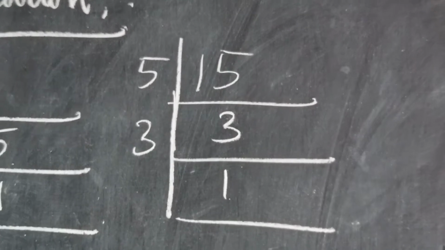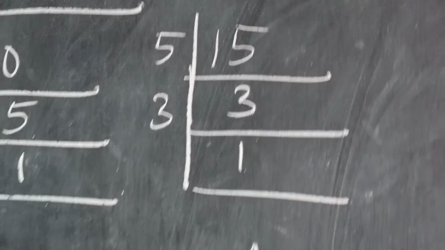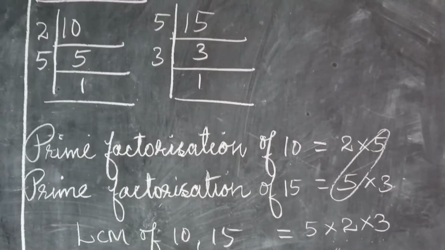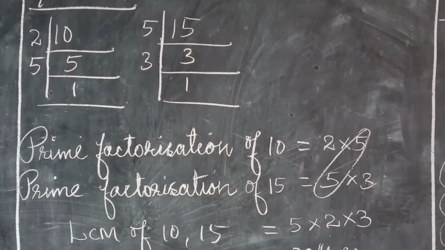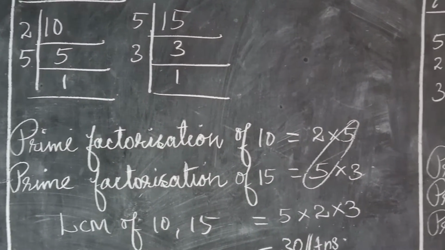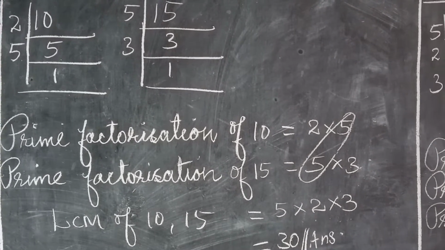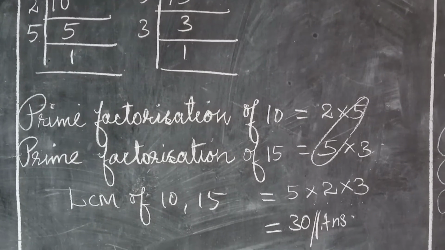So we are taking the fifth table. That means 5 3s are 15. 3 1 is 3. Now prime factorization of 10 is equal to 2 into 5. Again prime factorization of 15 is equal to 5 into 3. For LCM of 10 and 15 when we take it, 5 is common from both the numbers and again we have 2 into 3. So when we multiply, 30 is the answer.